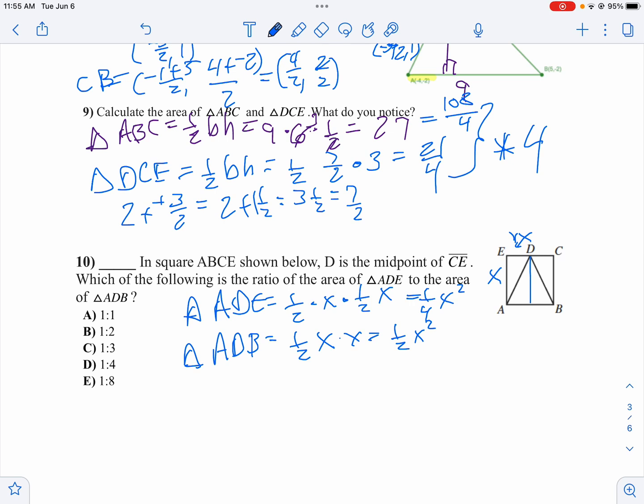Because half of 4 is 2. So it's 1 to 2. So my correct choice would be B there. If I was comparing the small triangle to the whole square, notice it would be 1 to 4, but that's all we're doing on that one.